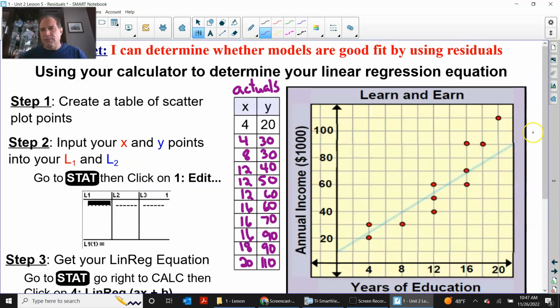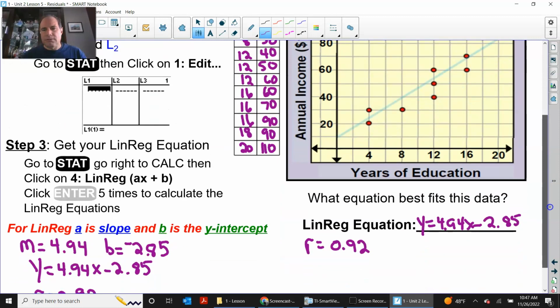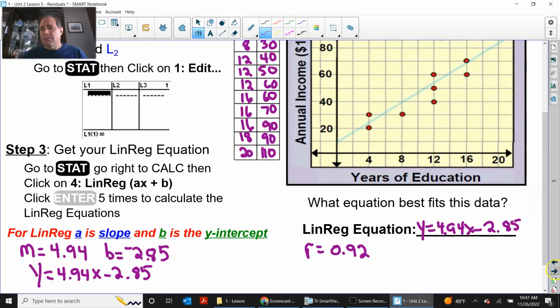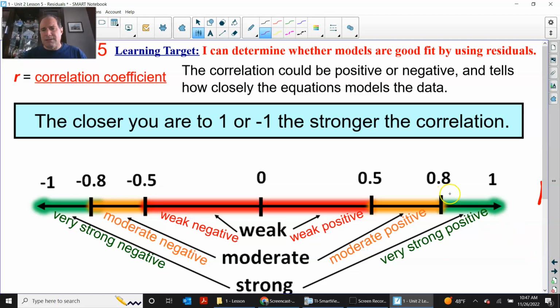Is it 0.94? No, it's 0.92. But you could tell right now it's within this area right here. So that 0.92 would be a very strong positive correlation between whatever is happening on the X and the Y.